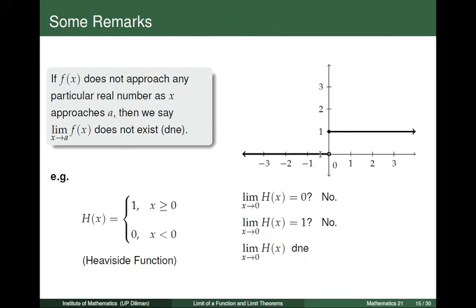Now remember that when we compute the limit of a function as x approaches a, we need to consider both sides of a, the right side and the left side. So can we say that the limit of H as x tends to 0 is equal to 0? No. Can we say that the limit of H as x tends to 0 is equal to 1? Also no. So in this case, the limit of H of x as x tends to 0 does not exist. We also say that the limit of H as x tends to 0 is non-existent.